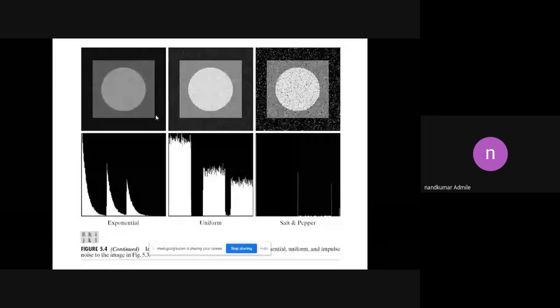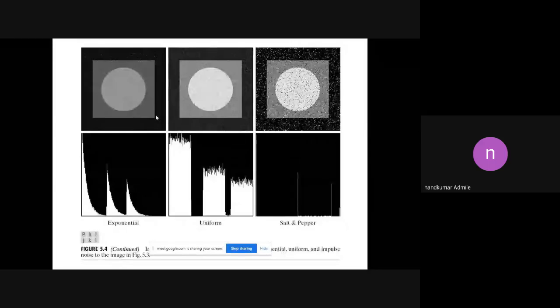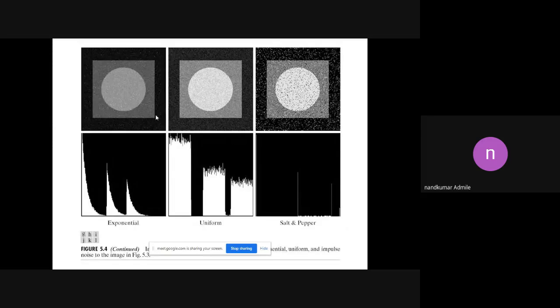All the noises we can remove by using the degradation model. And in order to study the degradation model, we can use two types of filters. One is an inverse filter and another is a Wiener filter. By using these two filters, we can remove the noise levels from the image.